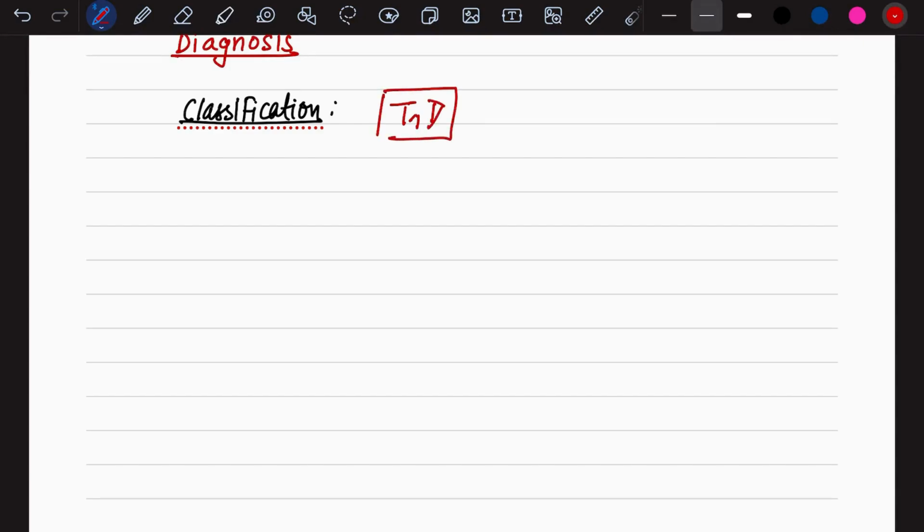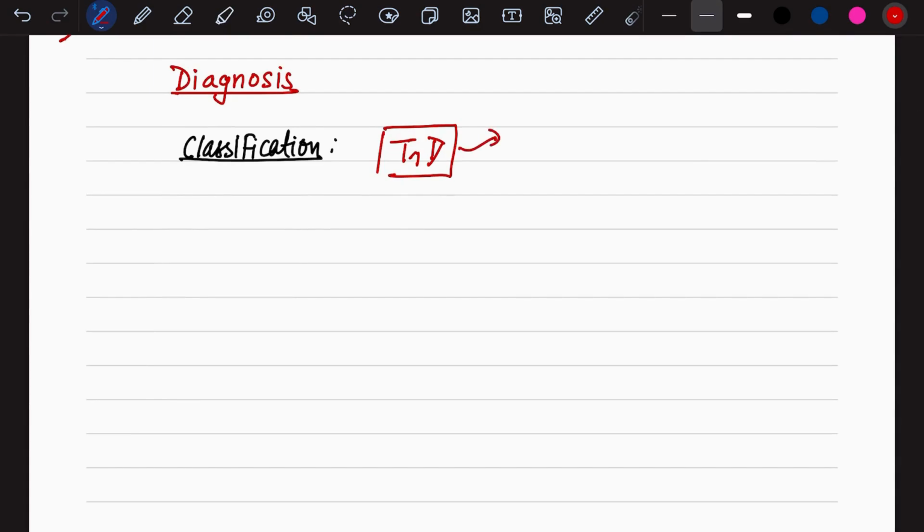It's mainly an autoimmune disease, but it can be of idiopathic cause as well. In it, there is an absolute deficiency of insulin, because the autoimmune process kills the beta cells, so there is no insulin production. So that's type 1 diabetes.